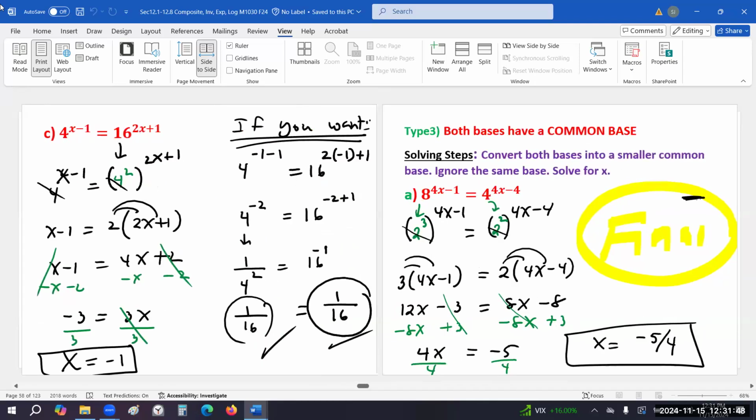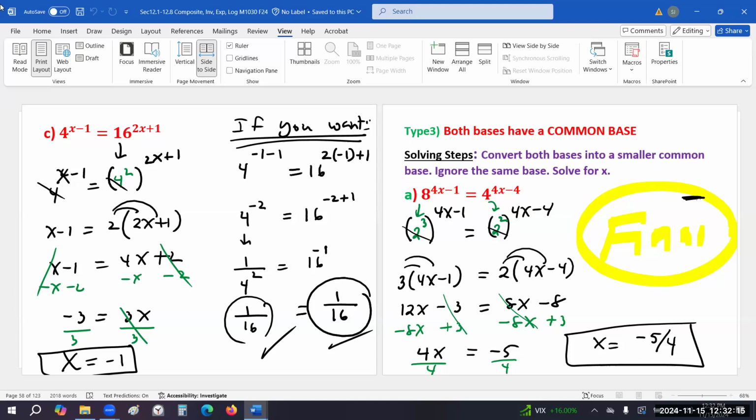And then the next scenario was we have 2 different bases. So the third type was we have 2 different bases and we cannot convert the bigger base into smaller base. So what you do is we look for a common base that is smaller and we can rewrite both bases using that common base.